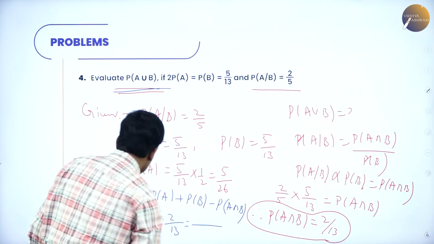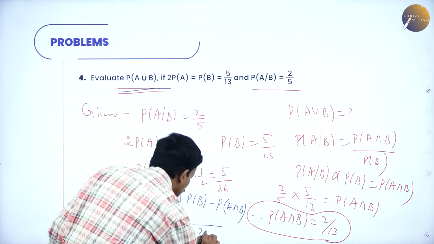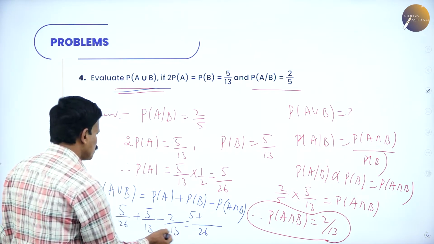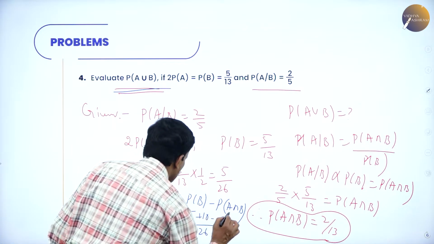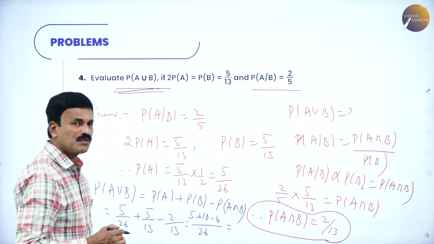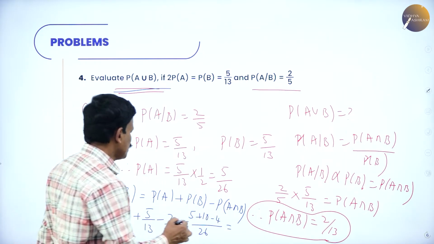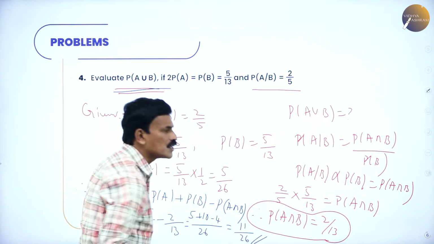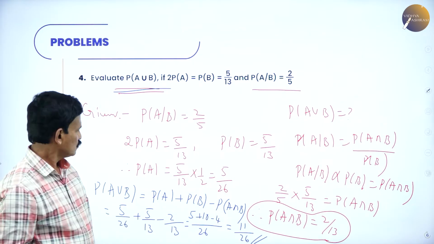Take LCM. Here 26 is the LCM. Then this is 5 plus 13, 2 times it gets cancelled, 10 minus again 4. So this is 10 minus 4 is 6. 6 plus 5 is 11 divided by 26. This is the required probability, 11 by 26.